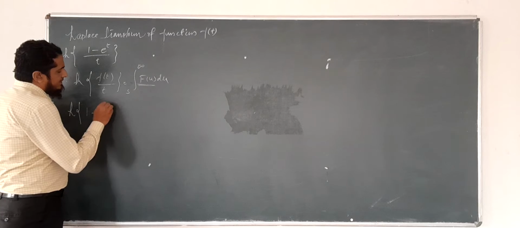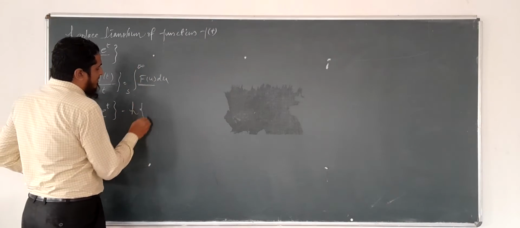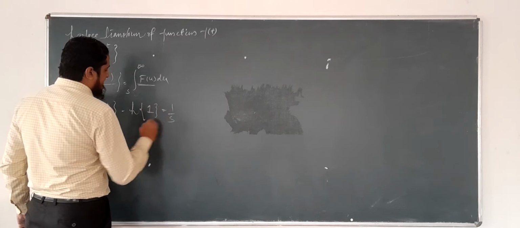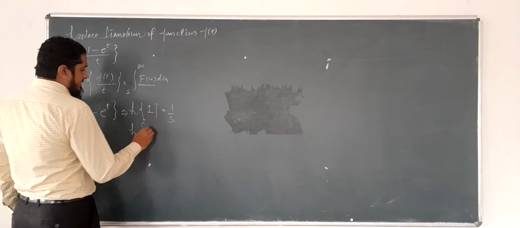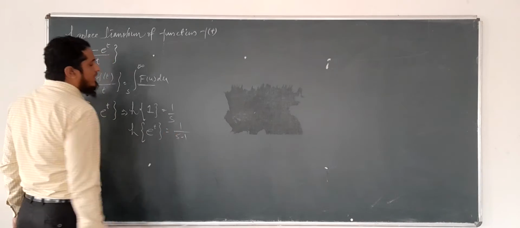Since we know that the Laplace transform of 1 is equal to 1 upon s, and the Laplace transform of e raised to t becomes 1 upon s minus 1.